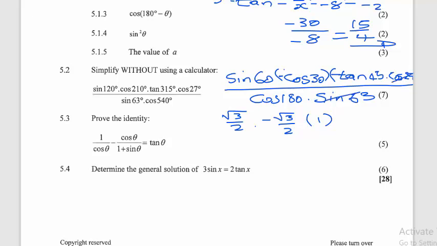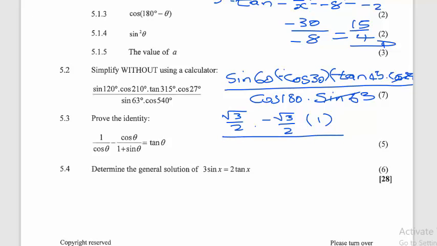Like I said, these two cancel each other, because if you use the reduction formula, you'll find that sine of 90 minus theta is equal to cos theta.